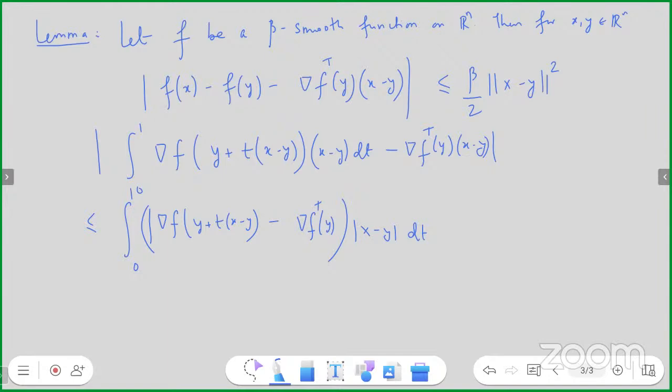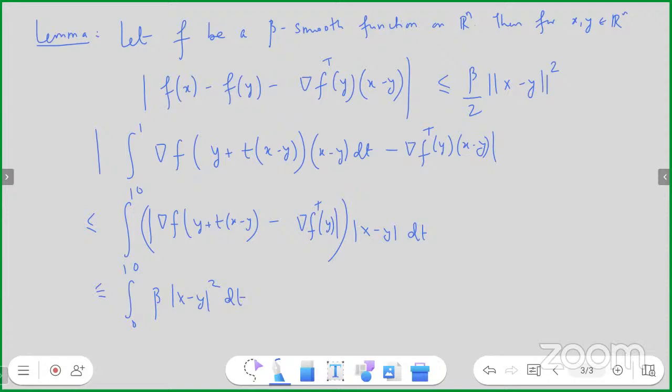What do I know from the beta smoothness? Okay, that is less than or equal to beta times mod x minus y. So less than or equal to beta times the integral remains. Okay.